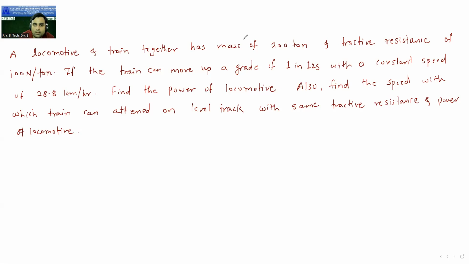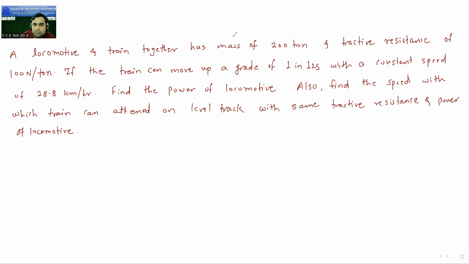So here what we need to calculate: find the power of locomotive. First the mass is given, tractive resistance is given, then the slope is given 1 in 125, constant speed is given, velocity is also given to us. Find the power of locomotive, this is the first part.